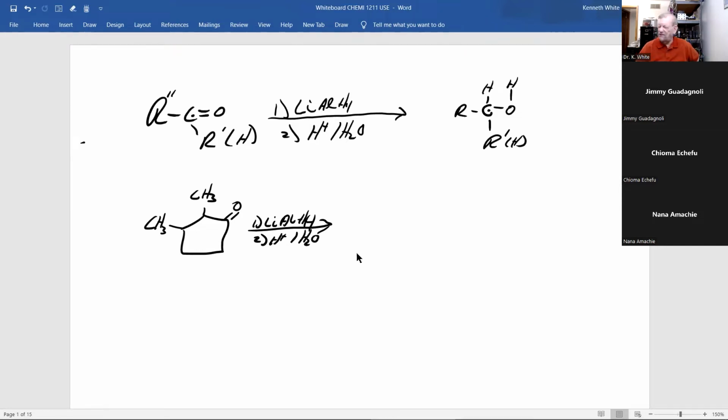Your turn. What would be the product or products for the following reaction? 3 points each.